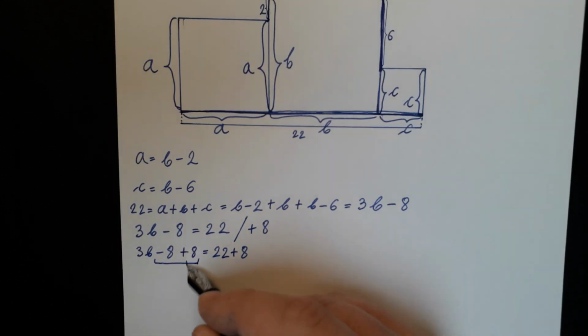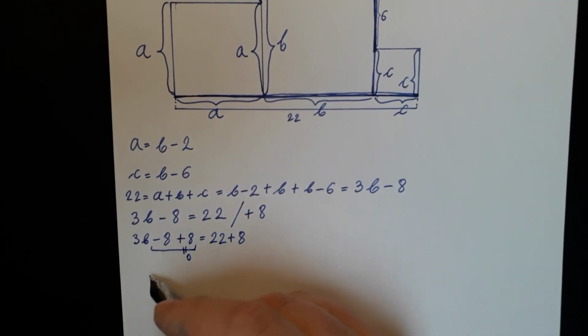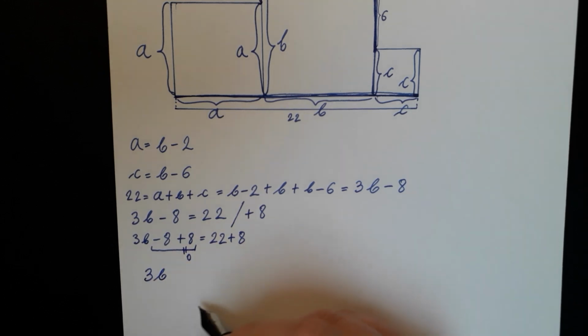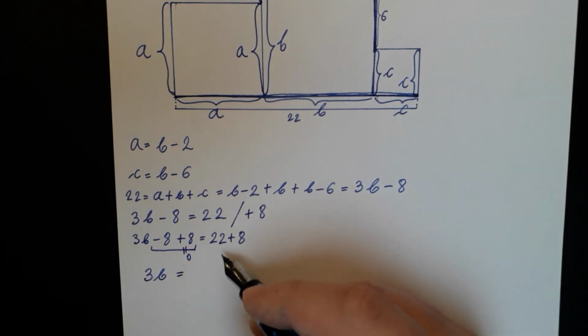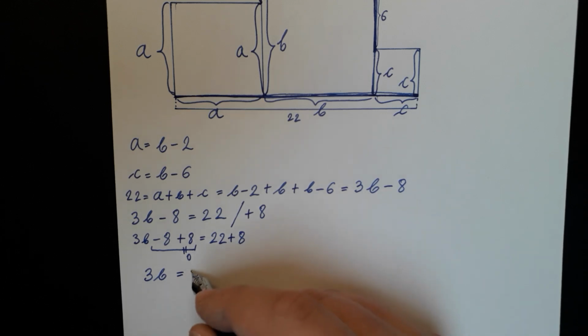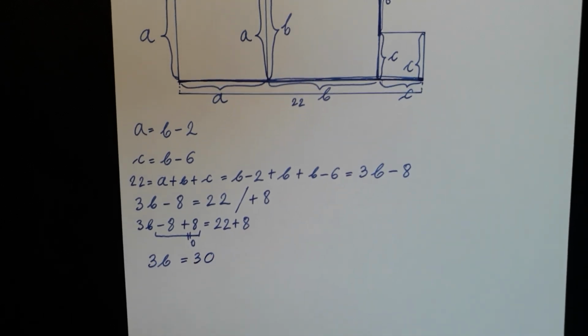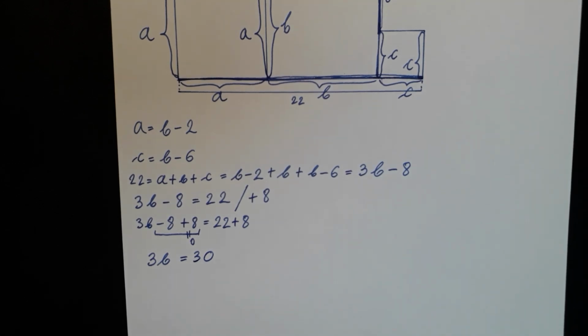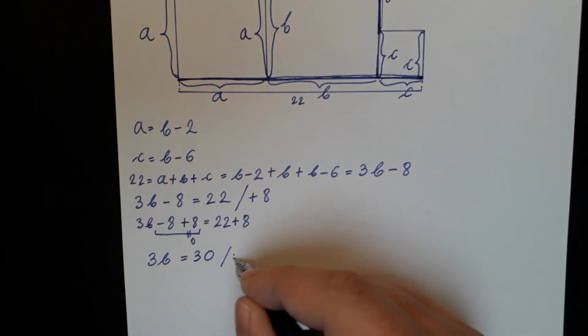Minus 8 plus 8 is going to give us 0, so on the left side of the equation we have 3b, and on the right side of the equation we have 22 plus 8, which is going to give us 30. To solve this for b, we have to divide both sides of the equation by 3.